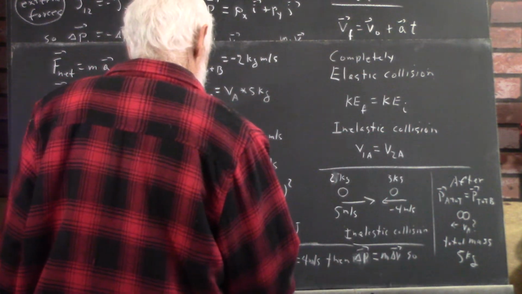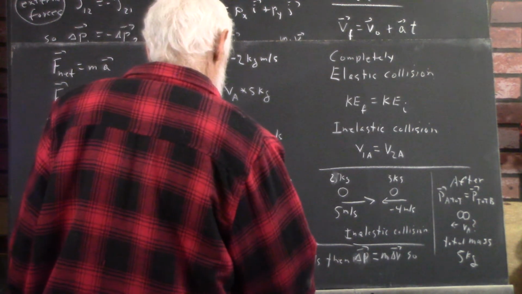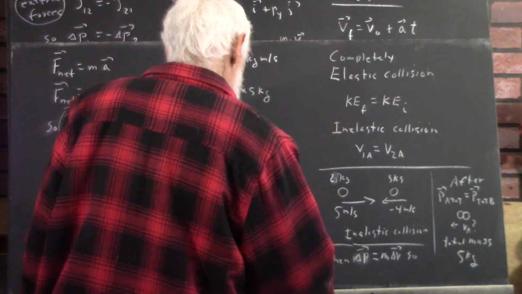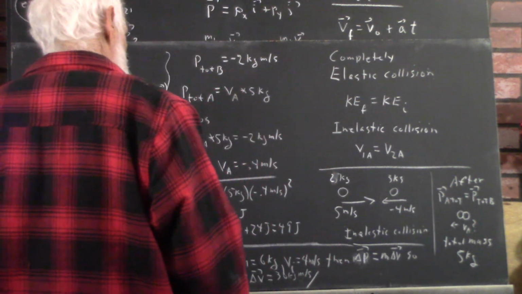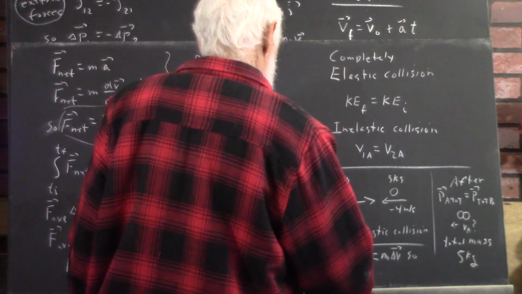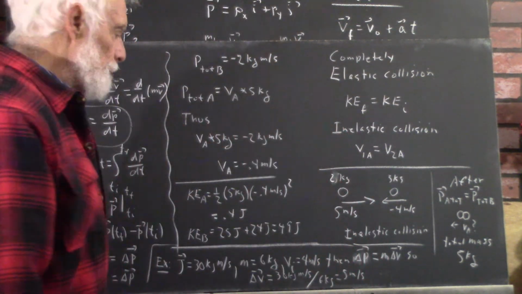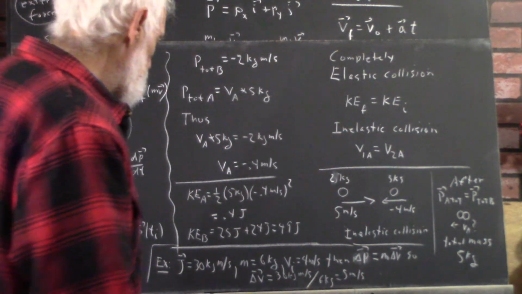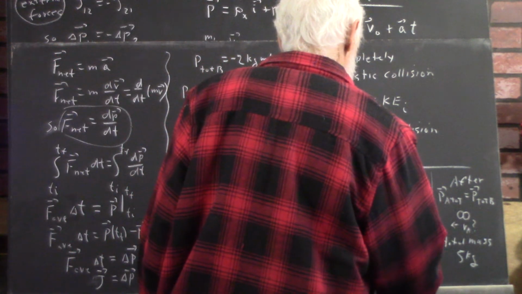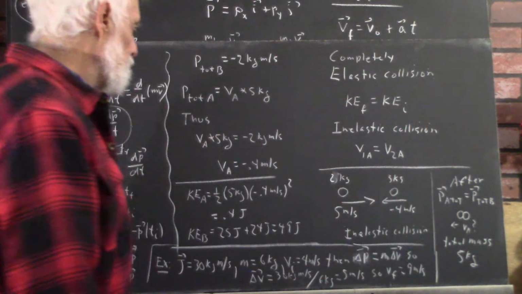So your change in velocity is 30 kilogram meters per second divided by 6 kilograms, which is 5 meters per second. So your final velocity is 9 meters per second.